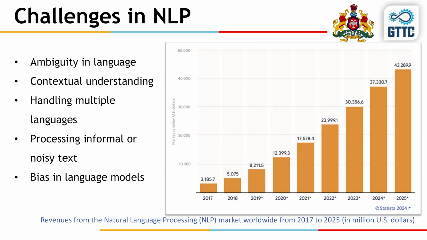Words or sentences can have multiple meanings, so the machine has to understand in what context the word has to be analyzed. Example: I saw a man with a telescope. Here, who has the telescope? So again, it is context understanding.